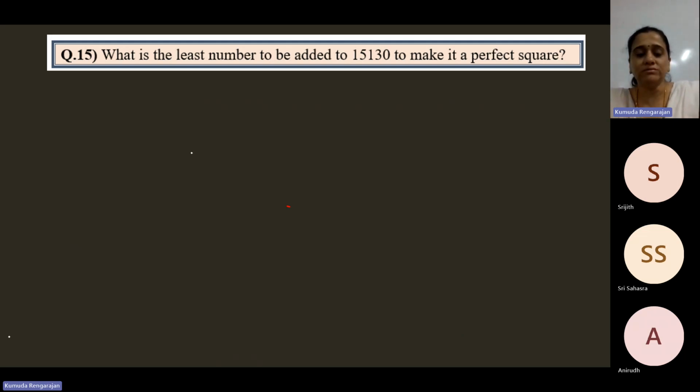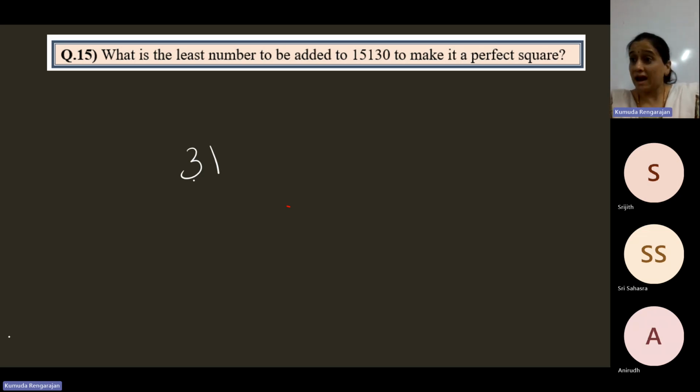Now we have this number, say 31. Is 31 a perfect square? No, 31 is not a perfect square. Now tell me the least number that is to be added to 31 so that the resulting number is a perfect square. 5. Because 31 plus 5 is 36 and 36 is a perfect square.